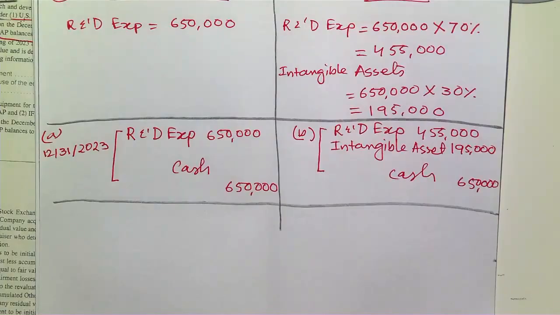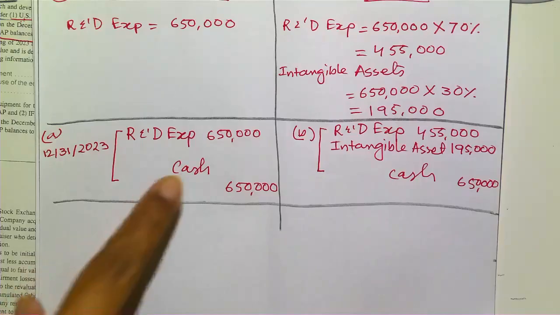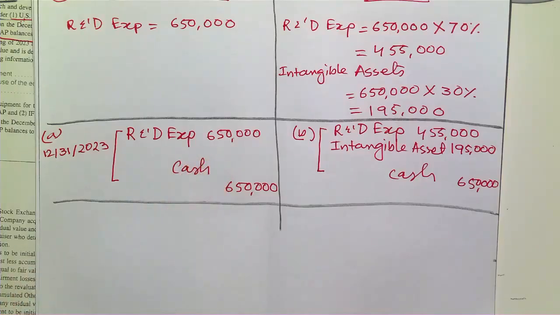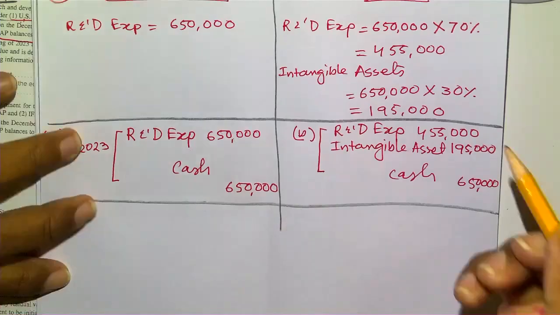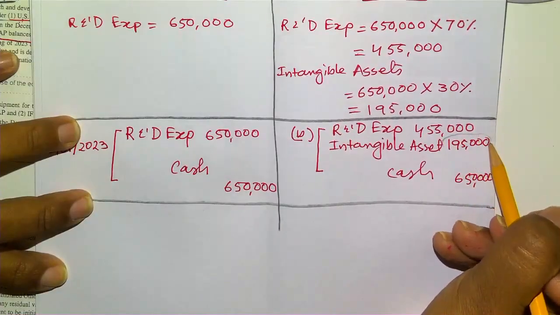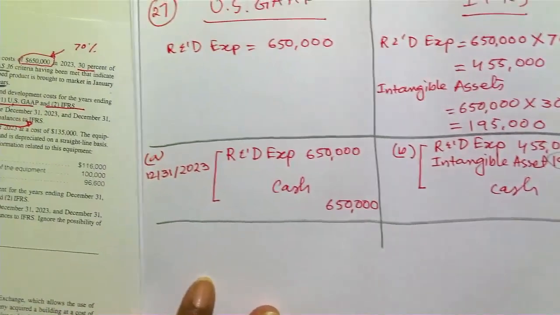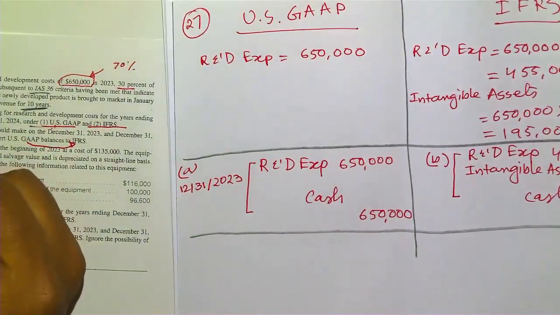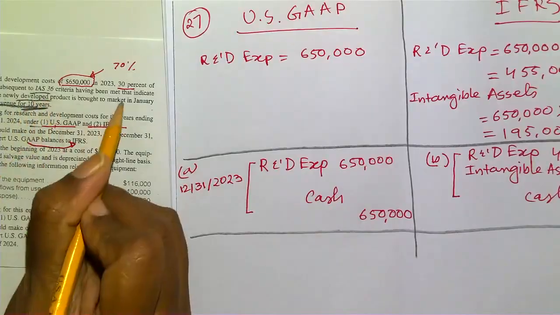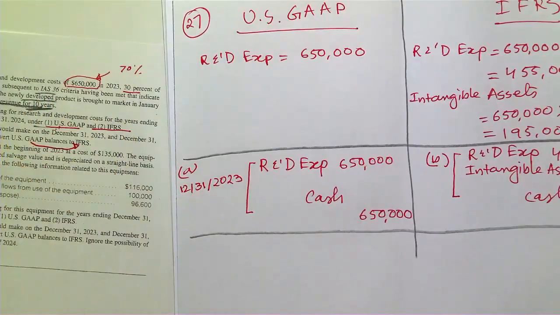Now, what will happen in the second year? US GAAP recorded the entire thing as an R&D expense. That's it. They don't have any more deals. Second year, they don't need to do anything. But IFRS showed that 195 as an asset, and if you read the last line here, it says that whatever they are doing for the R&D, they will get benefits for the next 10 years.